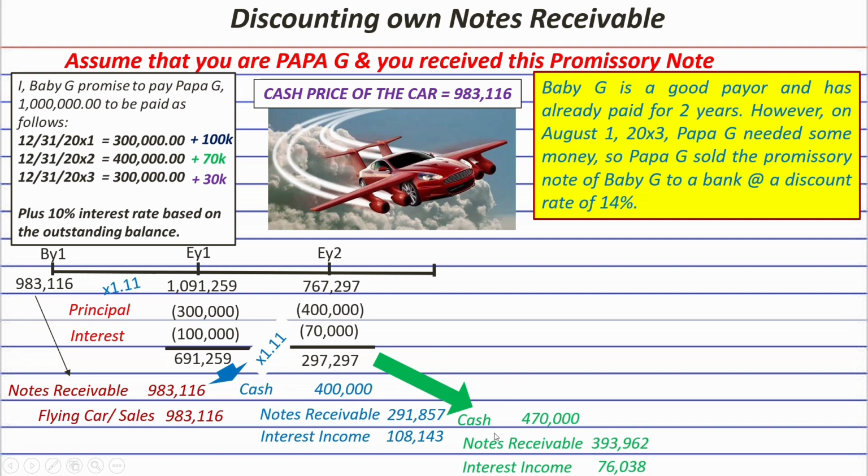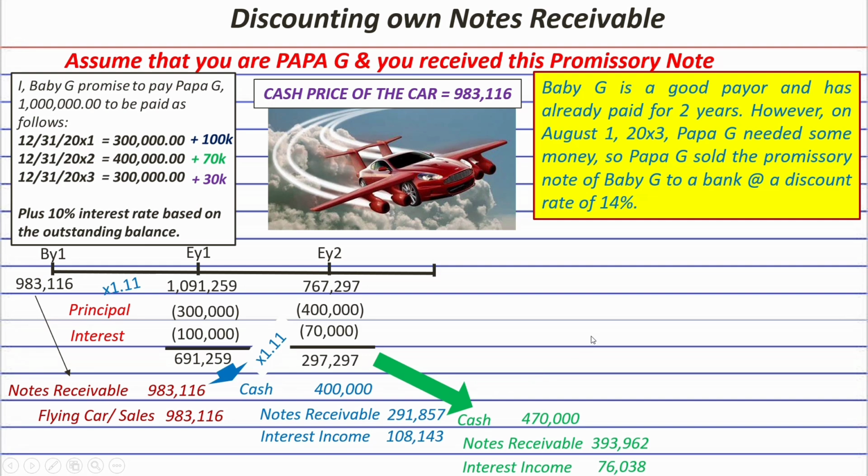And then credit notes receivable for the decrease from this 691,259 to 297,297. And that difference is 393,962. So that's the full entry for year 1 and year 2, and the timeline for year 1 and year 2.